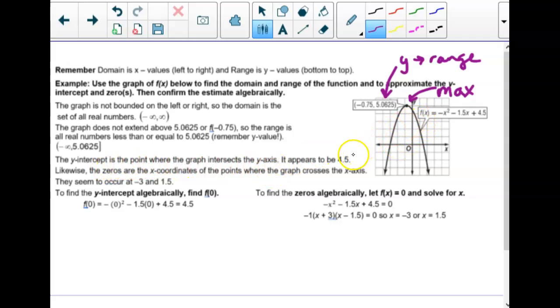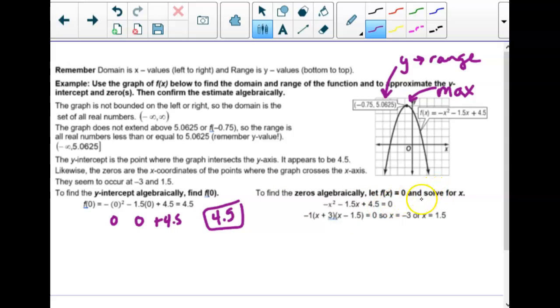So if you put in a 0, it appears to be about 4.5. Likewise, the zeros are where it crosses the x-axis and appear to be about -3 and about +1.5. To find the y-intercept algebraically, we would put in a 0. This would be 0, this would be 0, this would be plus 4.5. So indeed, it is exactly 4.5.